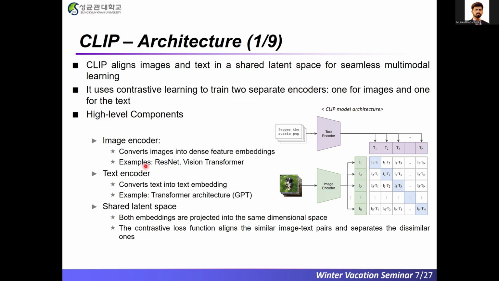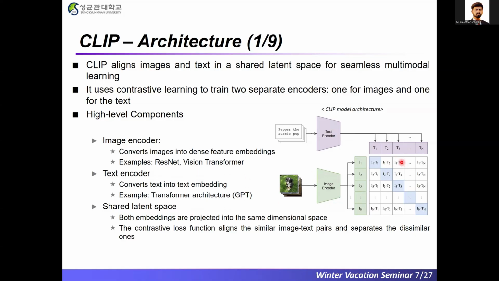In this paper, they have tried ResNet and Vision Transformer as an image encoder. The text encoder converts the text into text embeddings. The one used in this paper has an architecture similar to a Transformer, like GPT. We all have heard about how GPT performs and how GPT is being used and manipulating data nowadays.